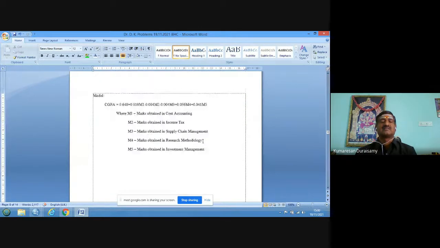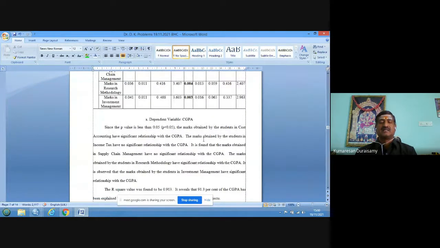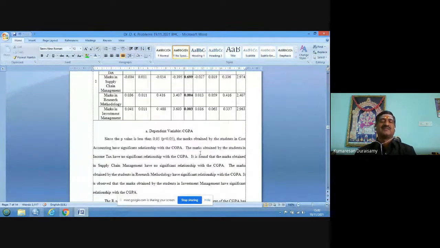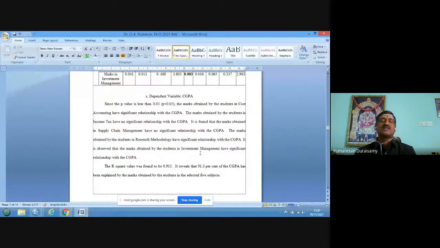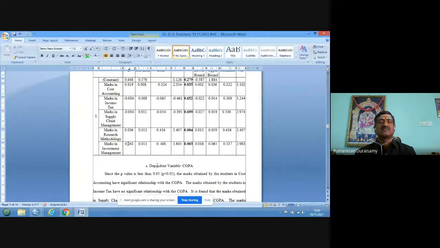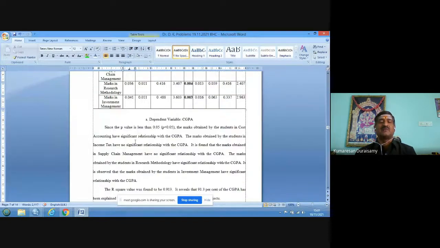From these results, what we can understand is the most influencing subject is marks in investment management, because the coefficient is the greatest in the case of marks in investment management.